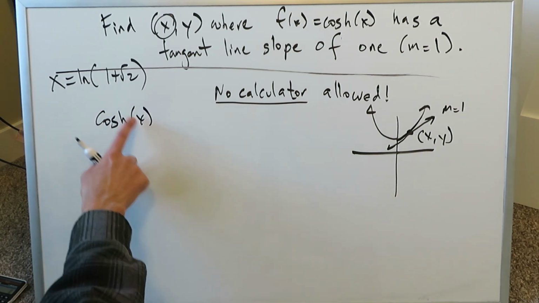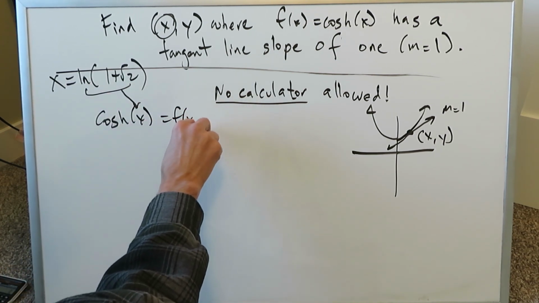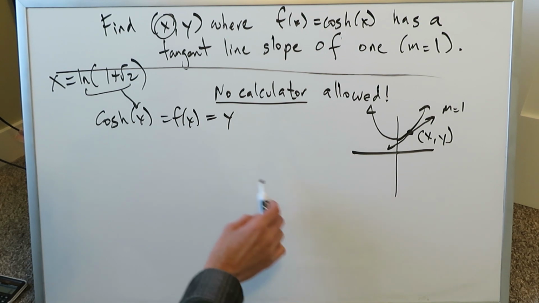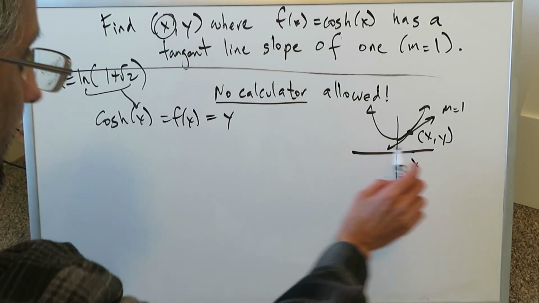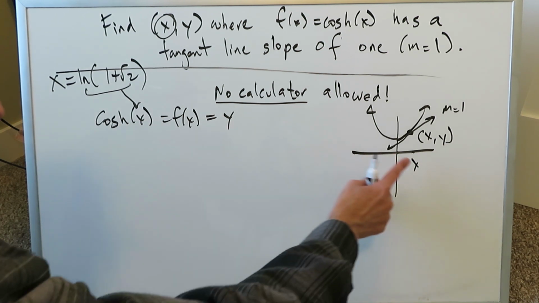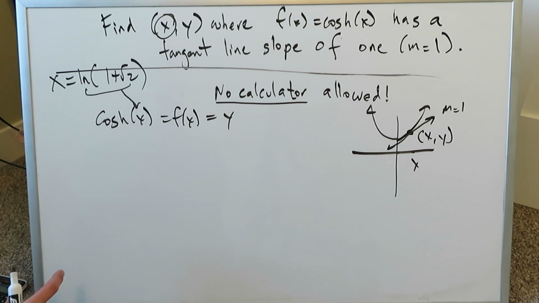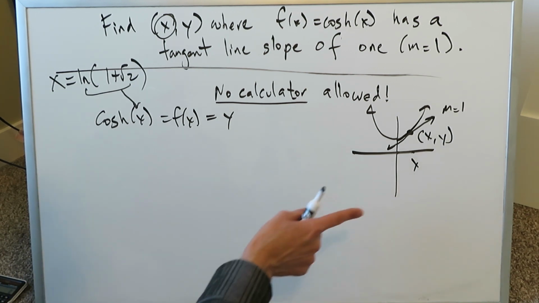If you were to take this value and plug it in here, this is all going to equal your f of x, which is equal to y. At this specific x-axis value, natural log of 1 plus root 2, if you were to plug that into your hyperbolic cosine, you'll get your output in terms of your range, which is your y value, and that will give you the y value of that x-y pair.